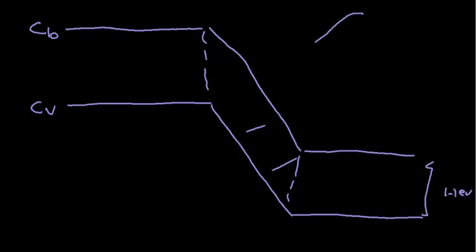So when a photon hits the depletion region, an electron hole pair will be generated.